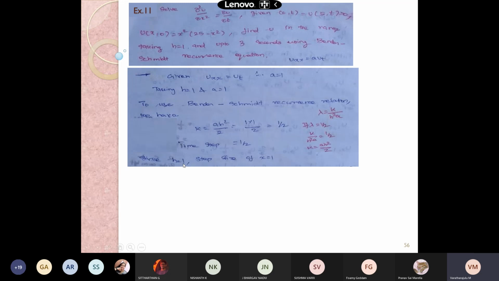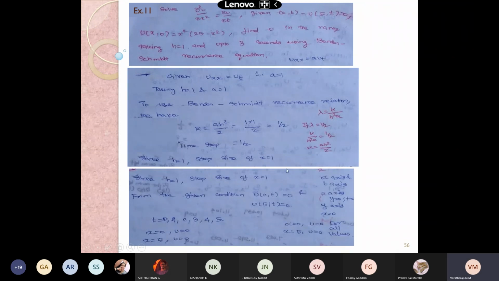Since h is equal to 1, the step size in the x-axis is equal to 1. From the given conditions u(0,t) is equal to 0 and u(5,t) is equal to 0, so on the left vertical line and right vertical line all the values of u are 0, but we need to calculate the horizontal bottommost line. For the bottommost line, the relation for finding u is x square into 25 minus x square.